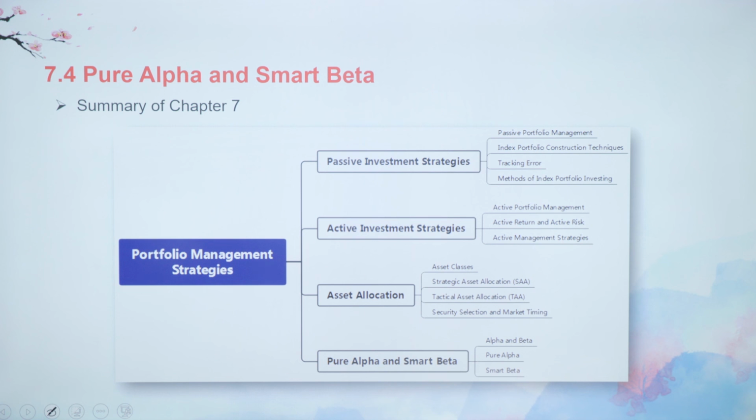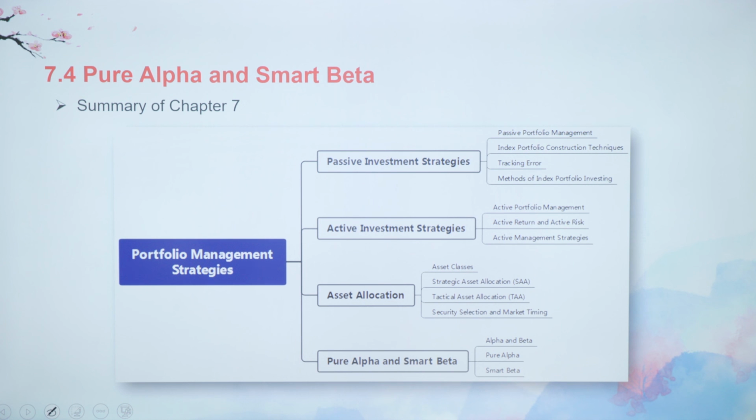And for the third part, we introduce asset allocation. We first introduce the different asset classes, and then talk about SAA, strategic asset allocation, and TAA, tactical asset allocation. And then we use one example to compare SAA and TAA. And last, we compare stock selection and market timing.